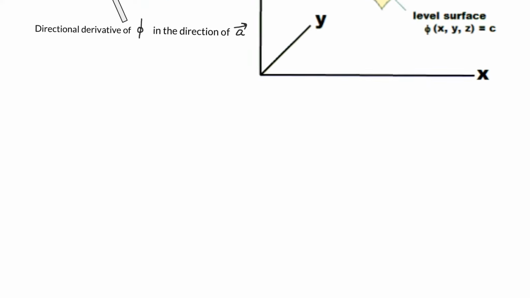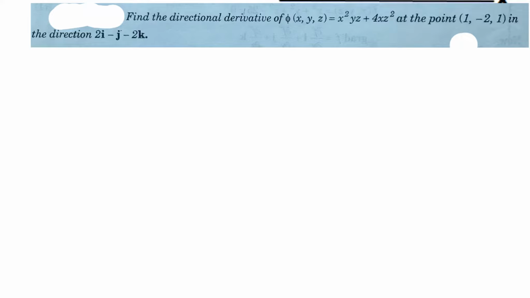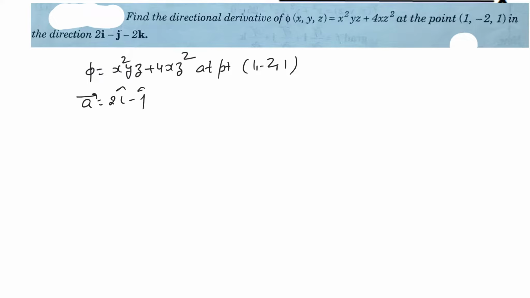The problem is: find the directional derivative of phi, where phi is given as x square yz plus 4xz square, at the point 1, minus 2, 1, and the direction is given as 2 i cap minus j cap minus 2 k cap. We have to find the directional derivative.